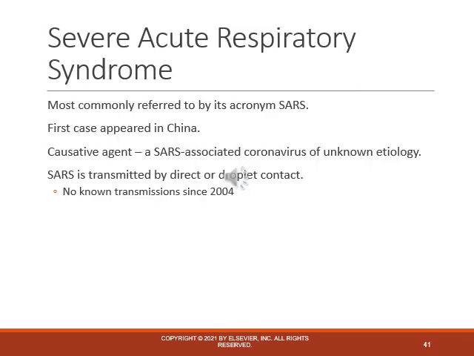SARS, or severe acute respiratory syndrome, originated in China in the early 2000s, in about 2003, and as for its etiology, we know that it's a form of the coronavirus, but where it came from is still unknown. This has about a 3% fatality risk, and it can be a very dangerous respiratory infection transmitted by direct contact or droplet contact.